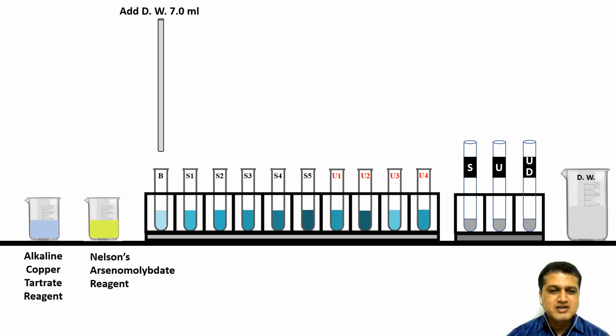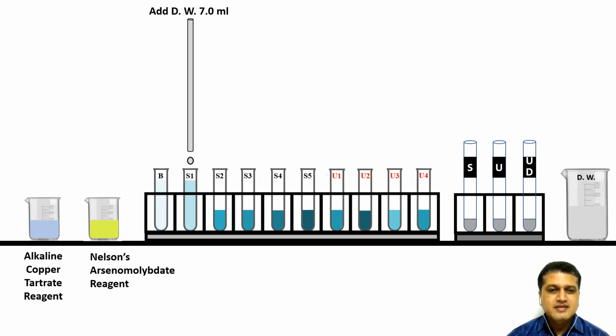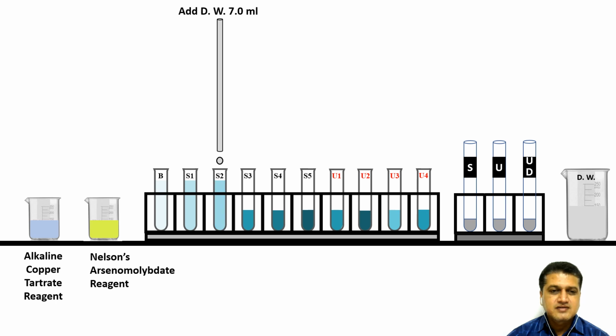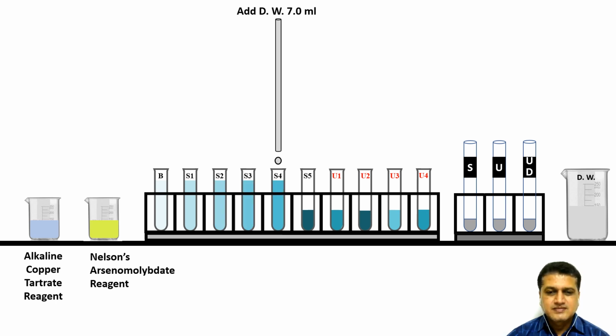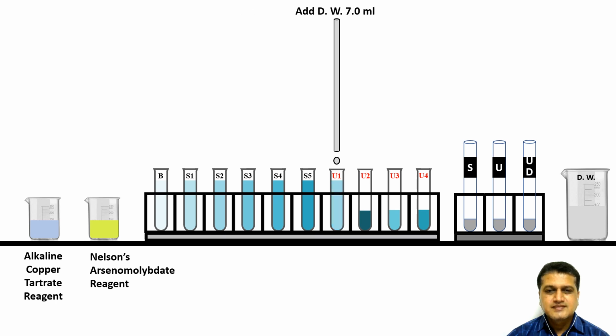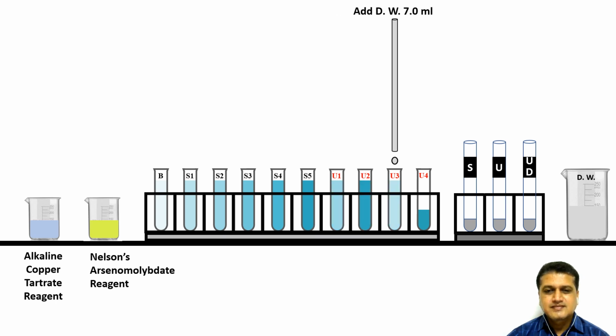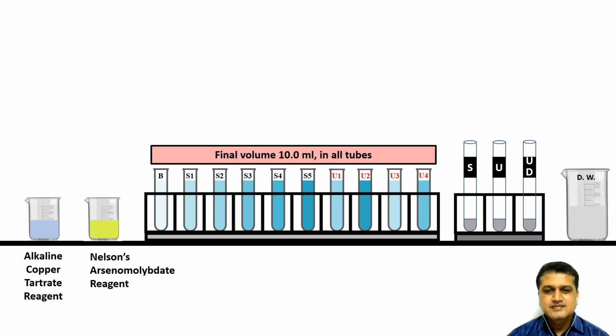Add 7 ml distilled water in tube B. Then add 7 ml distilled water in tube S1 and so on. Thus, final volume 10 ml is set in all 10 tubes.